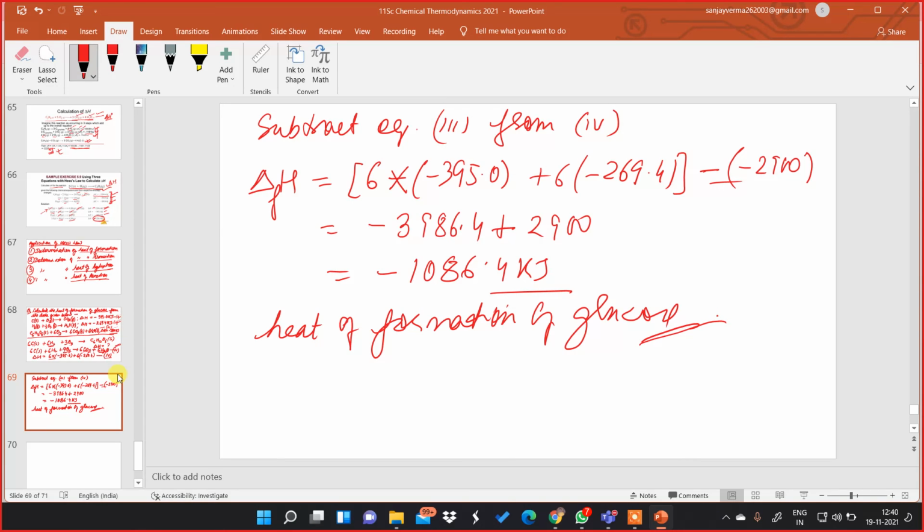Which one is left? States of matter, gases and liquids, where we'll be learning about the ideal gas equation, the gas laws, numericals, Dalton's law, and the kinetic theory of gases. That is the last chapter left for you all to do.